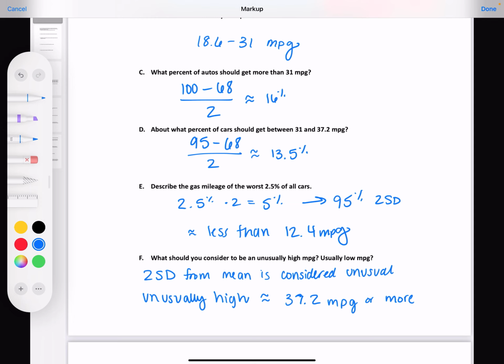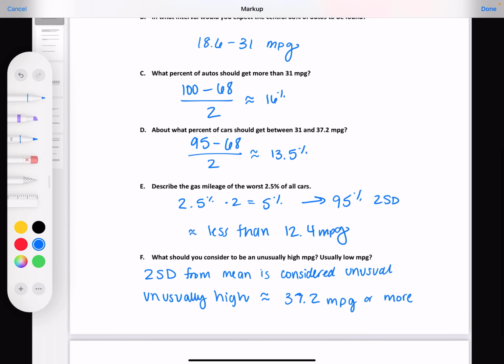But there's more that's beyond that, so we always say 'or more.' And what about unusually low? 12.4, 2 standard deviations away. 12.4 miles per gallon or less.